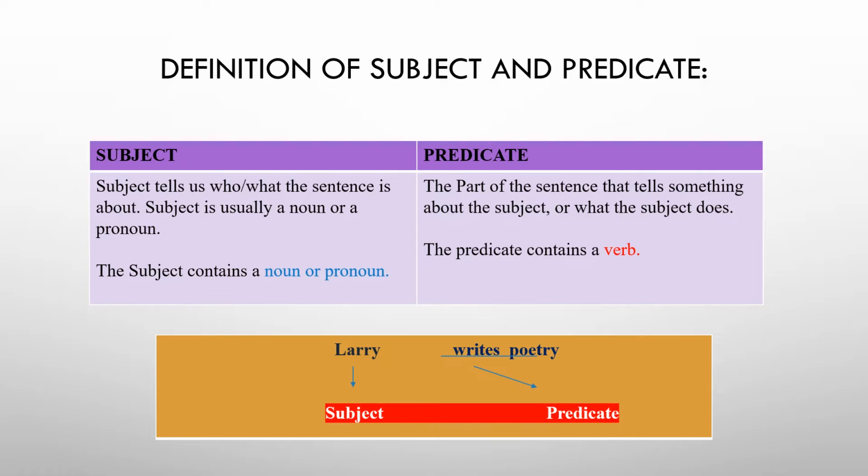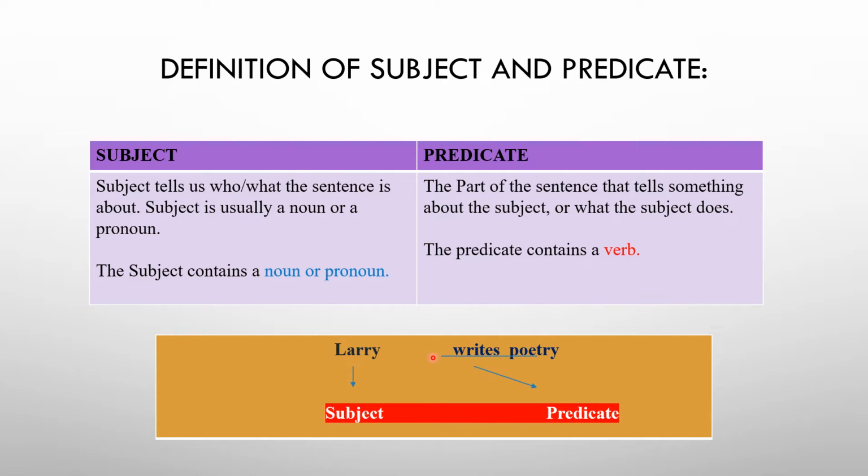Now let's see what the subject and predicate actually are. The subject tells us who or what the sentence is about, and the subject usually contains a noun or a pronoun, while the predicate part of the sentence tells something about the subject or what the subject does. It contains a verb.